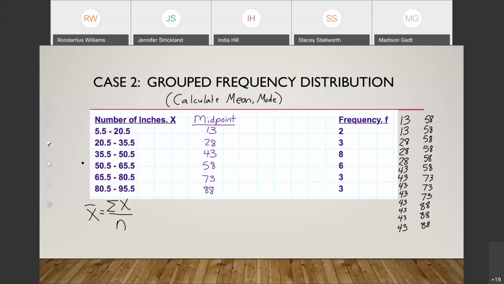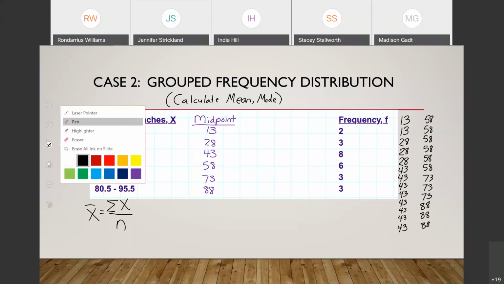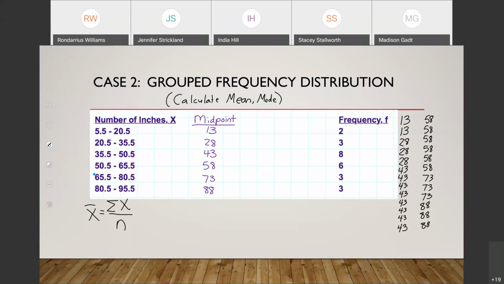Multiplication. Yeah, so instead, perfect. So instead of me doing, I'm just going to take the 43s, for example, because I can get to them easily. It's 43 plus 43 plus 43 plus 43 all the way down. I could have said 43 times 8 because there are 8 of them.